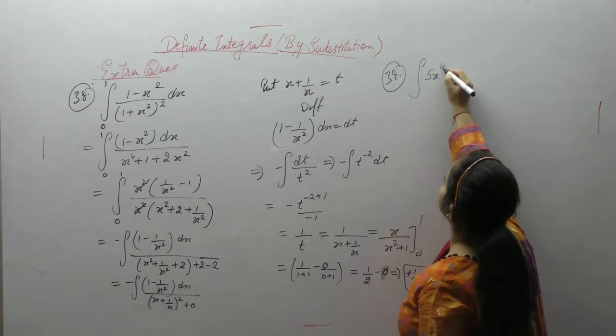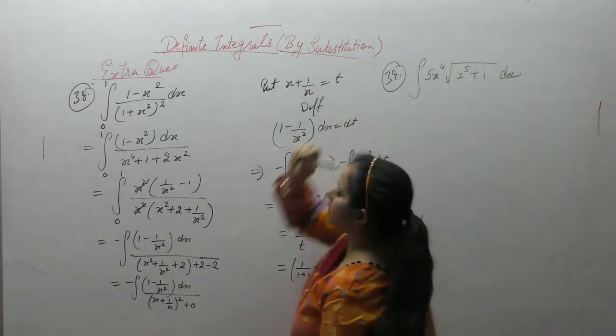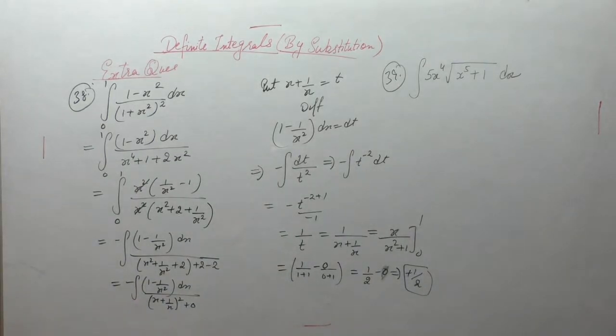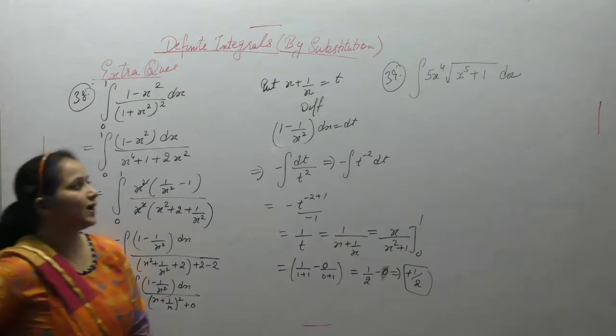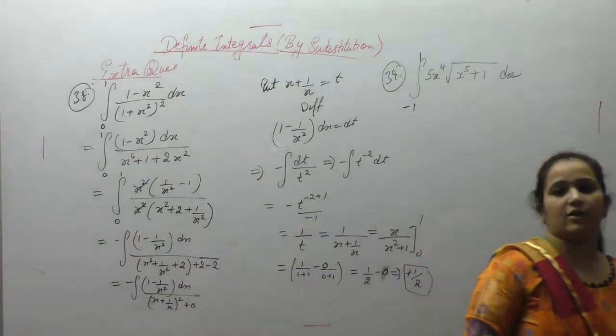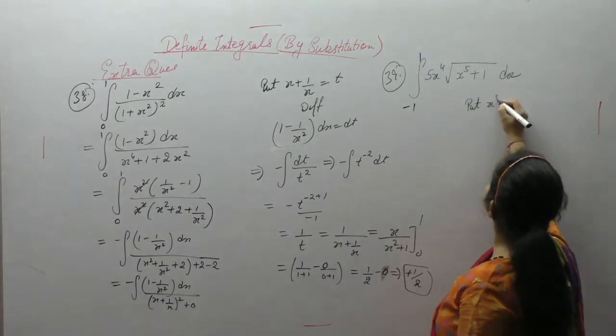Next is the integral of 5x4 into square root of x5 plus 1, and the limit goes from -1 to 1. Now we have the derivative of x5 here, so put x5 plus 1 as t.